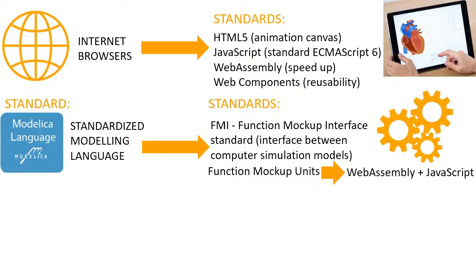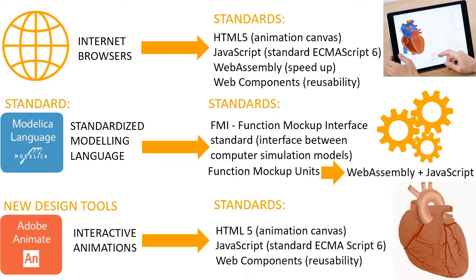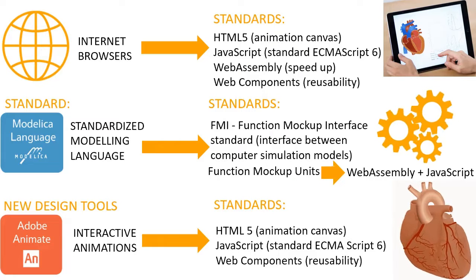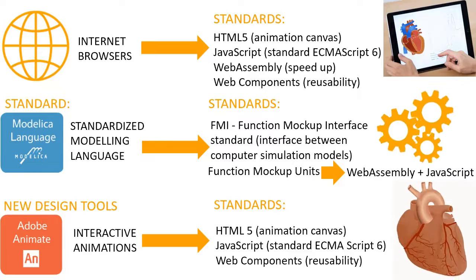In our technology, the source code of the simulation models compiled into FMU units is transpiled into WebAssembly and JavaScript. Adobe Animate generates interactive graphics into HTML5 and JavaScript standards. In our technology, we transport interactive graphics into reusable web components.